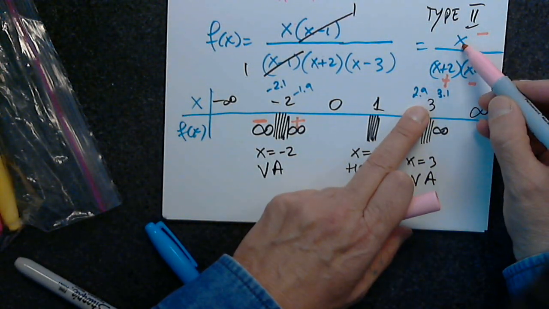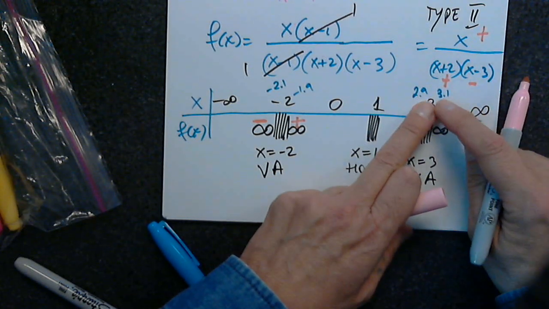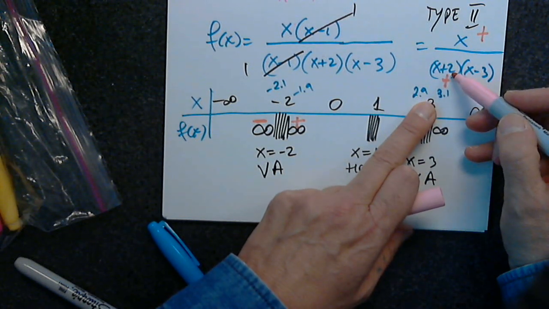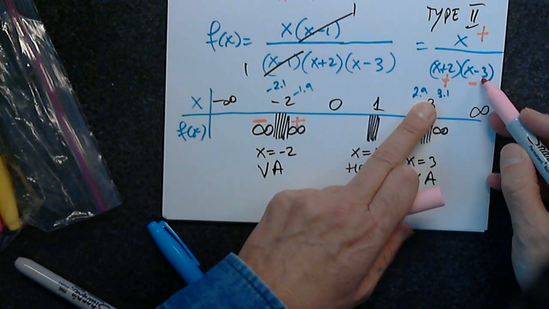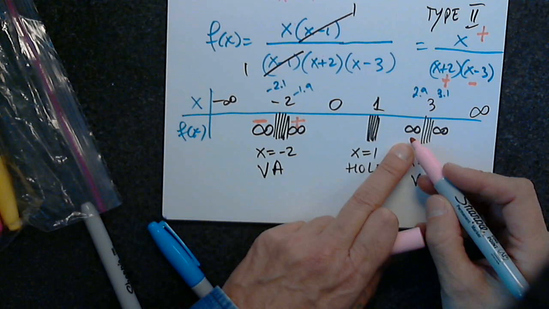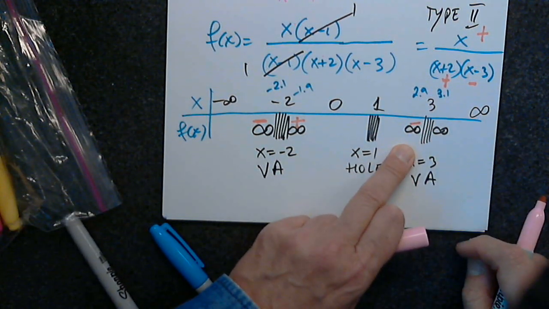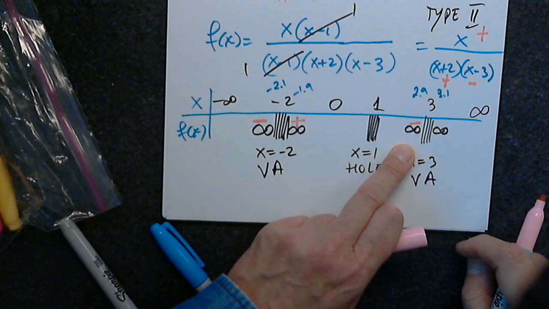2.9. I plug in 2.9. What do I get? Just the sign. Very good. There is only one negative, right? Is that okay?